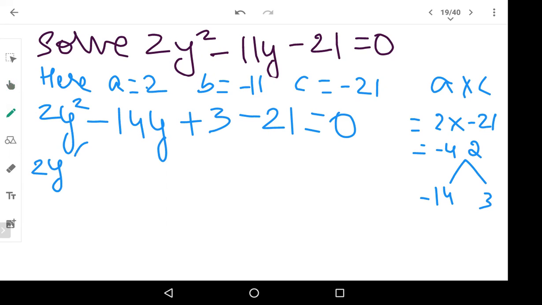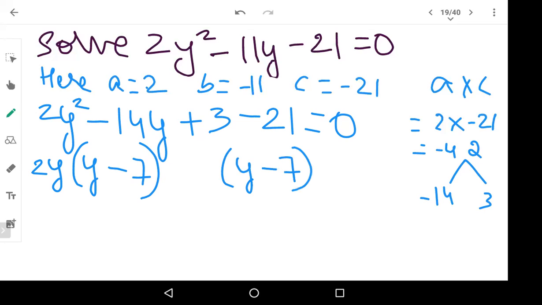So what will be remaining? y minus 7 will be remaining. Now on the other side also, I want y minus 7 to remain. So I can take plus 3 as common. 3 into minus 7, 3 sevens are 21. So since it is minus 7, I'll get minus 21 is equal to 0.